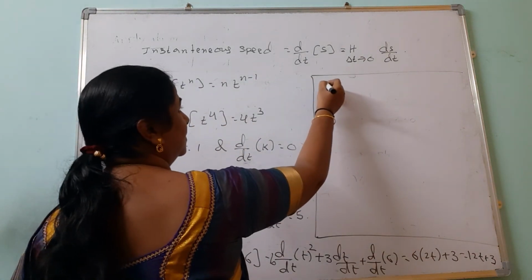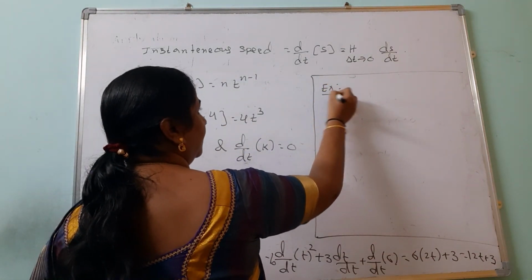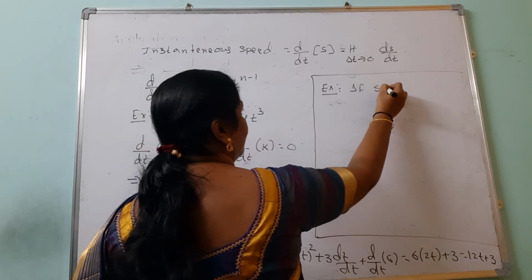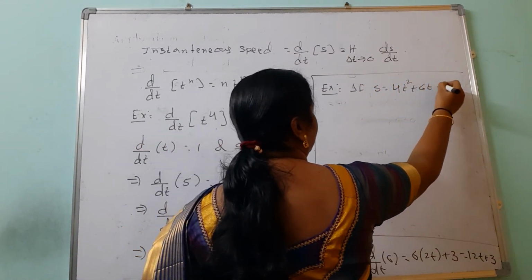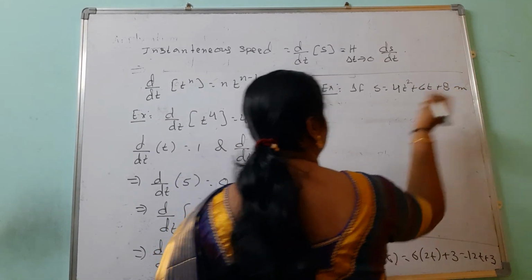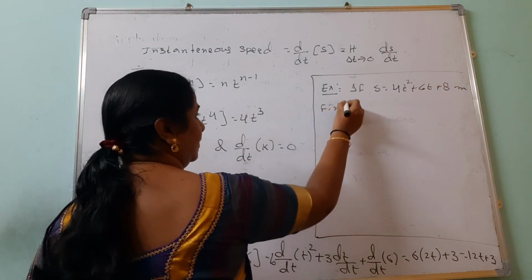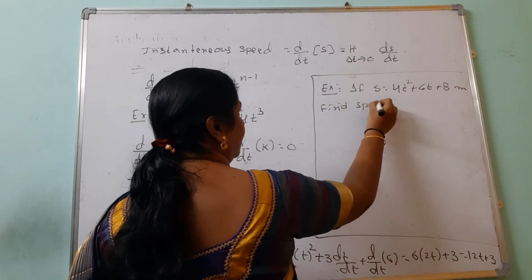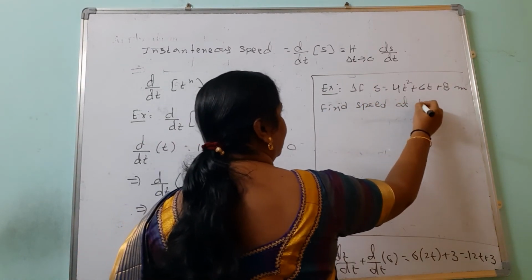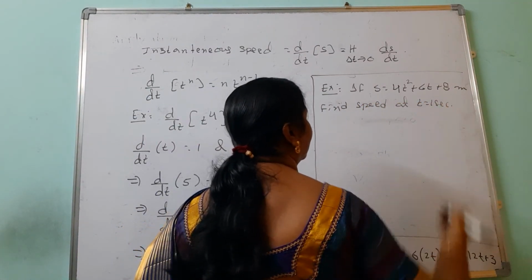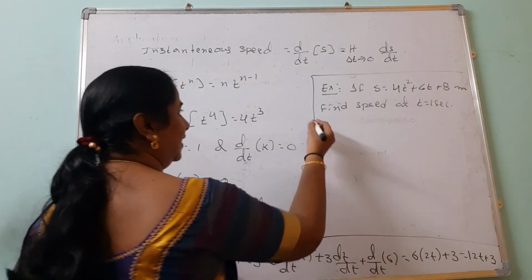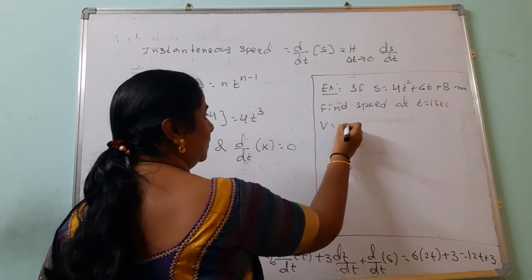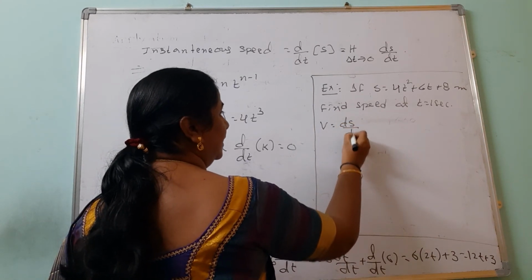When we go for the application of instantaneous speed, we discuss simple examples. If s equals 4t square plus 6t plus 8 meters, find the speed at t equals 1 second. At 1 second, what is your speed? Instantaneous speed. We can find it here: speed equals ds by dt.